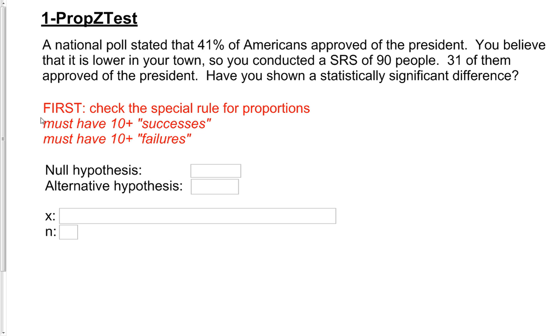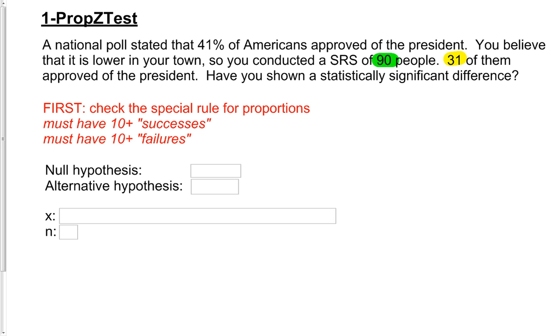One thing that we didn't have to do when we were dealing with standard hypothesis tests is do any kind of check to make sure our numbers are going to work. However, when we have a proportion, we need to check that we have at least 10 successes, or 10 people who say yes, and at least 10 failures, or people who say no. Now, if we look at our numbers, we have 31 out of 90.